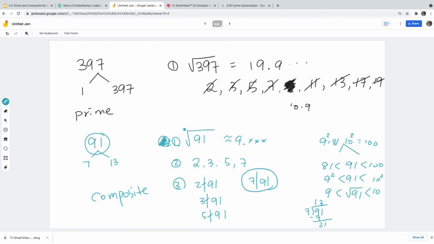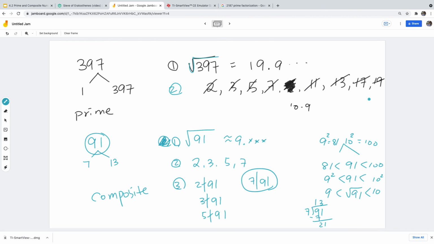Okay, so the sieve of Eratosthenes is to start with the square root of that number, and then only list the prime numbers that are less than or equal to that square root, and check the divisibility.